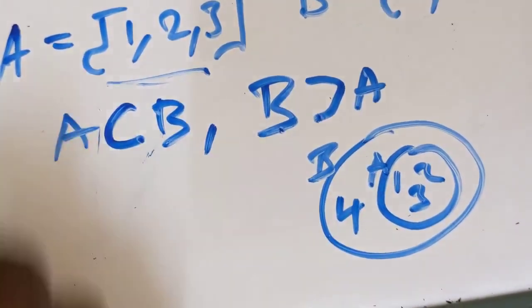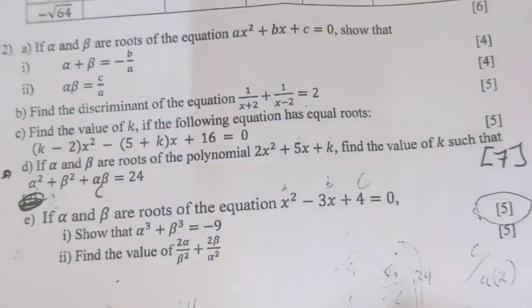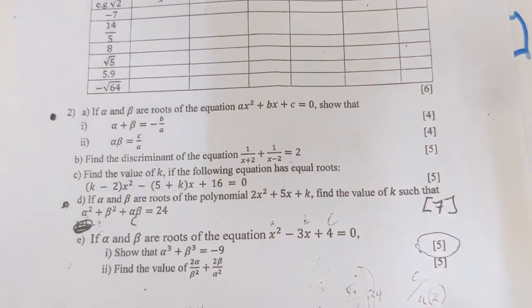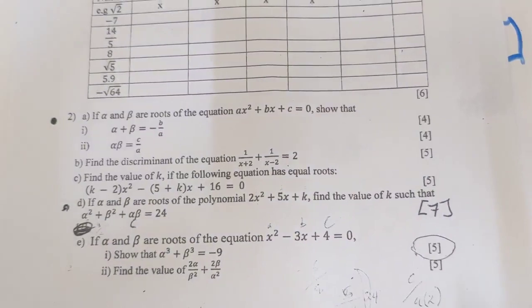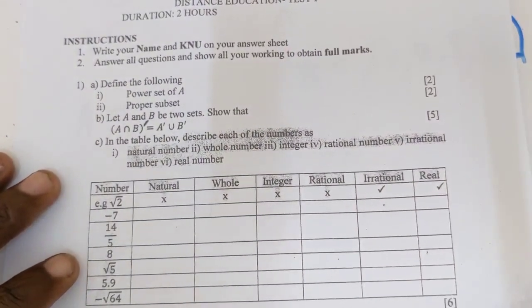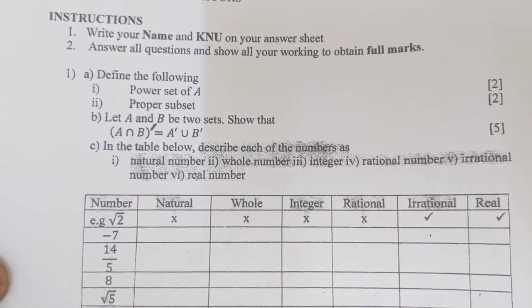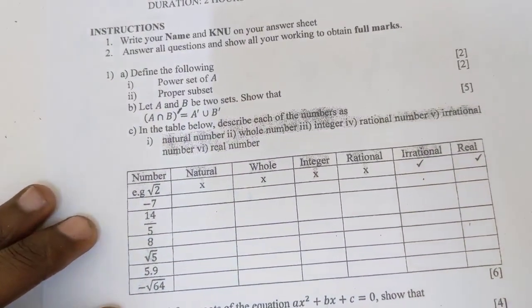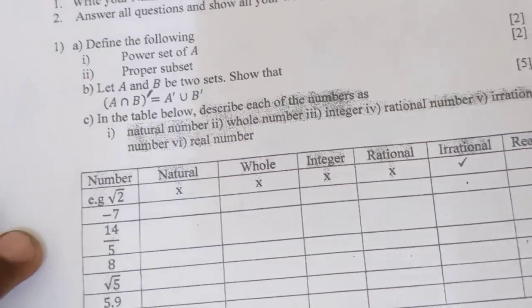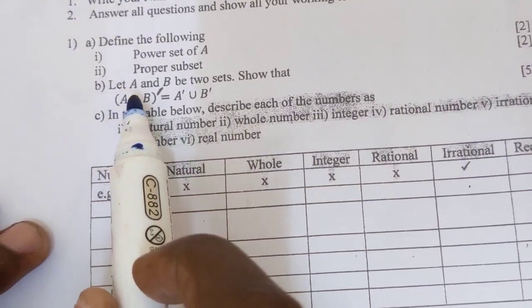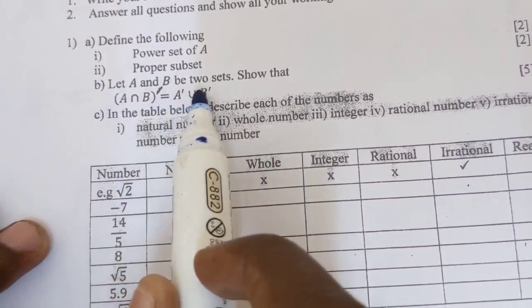The second question talks about De Morgan's laws. If you look at this question, it says let A and B be two sets.